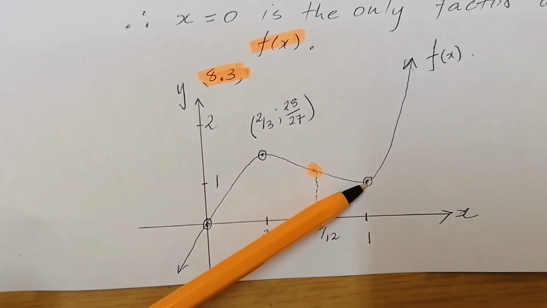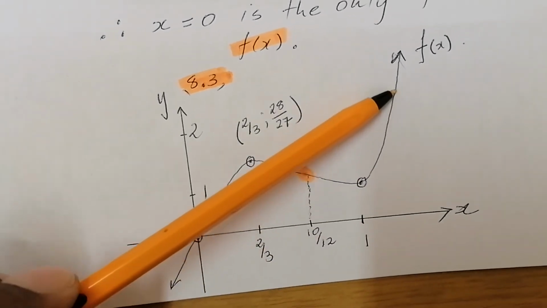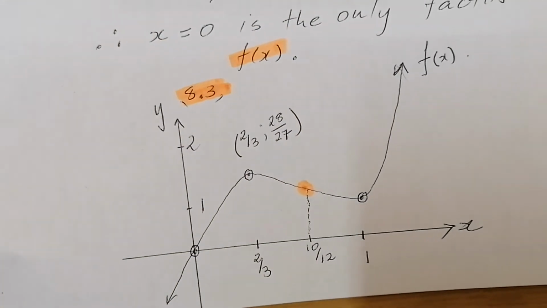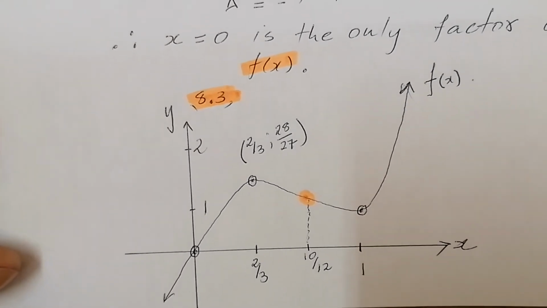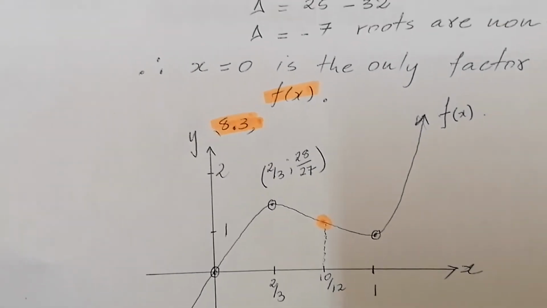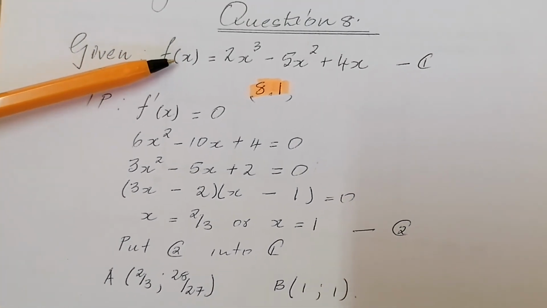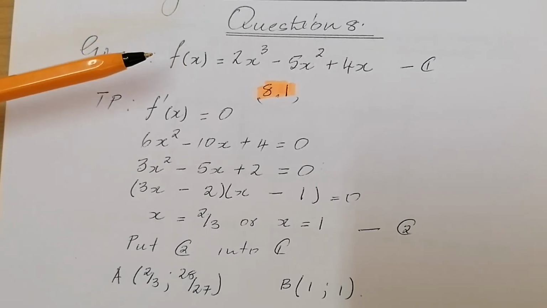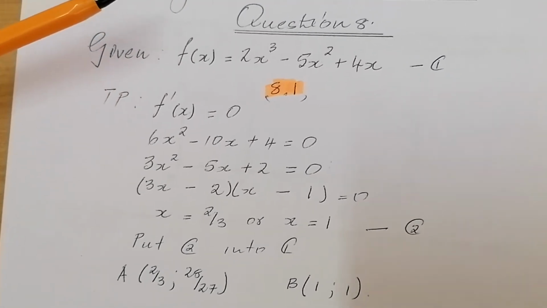It is stationary there, change direction again, increase and increase further on. There is your correct graph, which is representing the given equation, that is f of x is equal to 2x cubed minus 5x squared plus 4x.